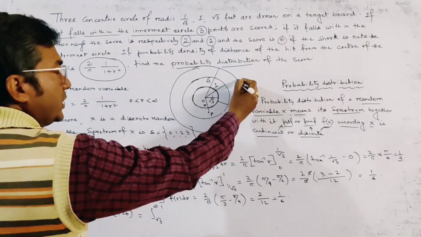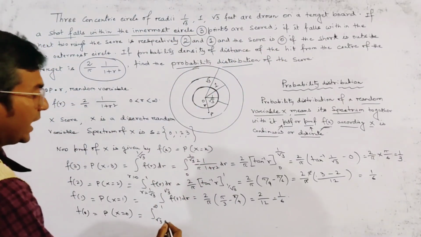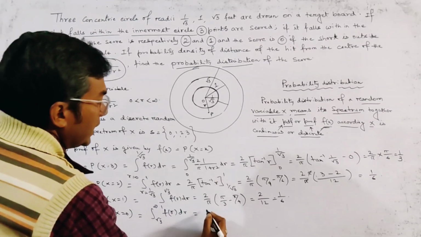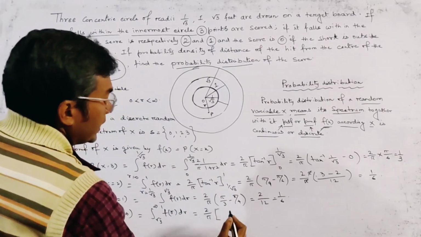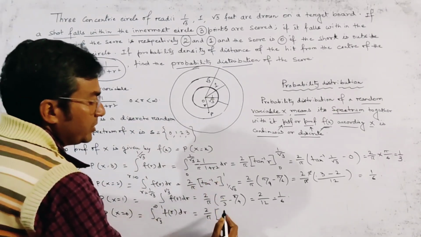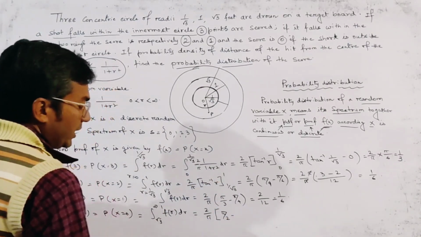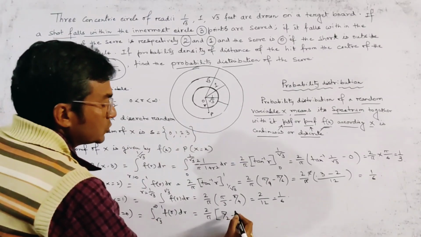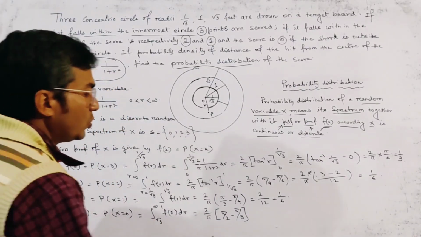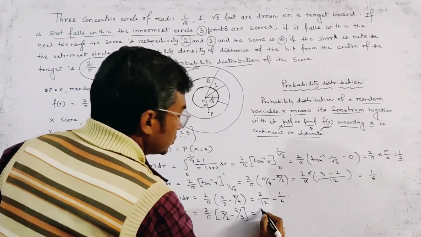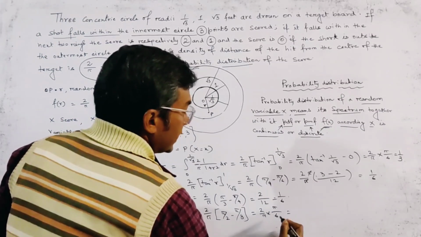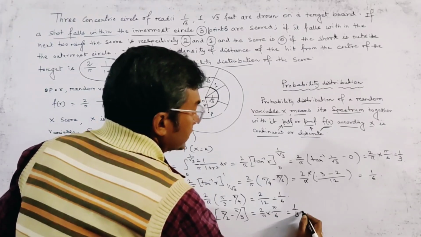So from root 3 to infinity, fr dr, and clearly this is 2 by pi, and at the upper limit, tan inverse infinity is pi by 2, minus tan inverse root 3, so pi by 3 here. Okay, so we get the result 2 by pi into pi by 6, and this gives 1/3.